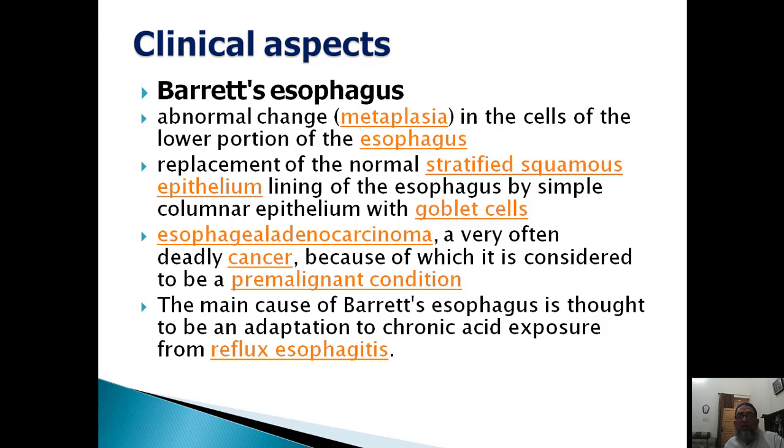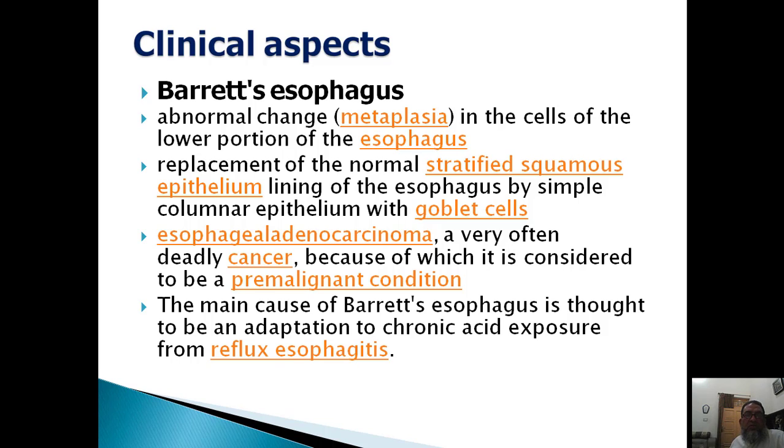Esophageal adenocarcinoma is a very often deadly cancer, because of which this is considered to be a pre-malignant condition. So this metaplastic change is also called a pre-malignant condition. The main cause of Barrett esophagus is thought to be an adaptation to chronic acid exposure from reflux esophagitis.